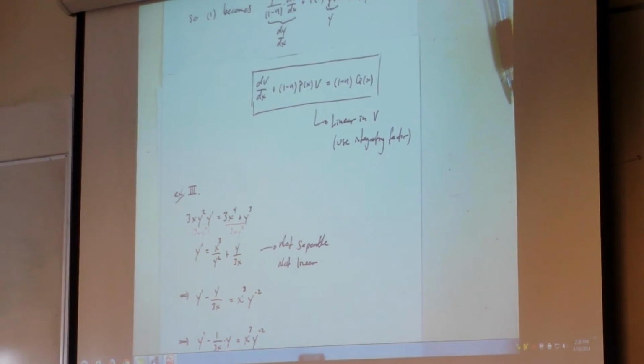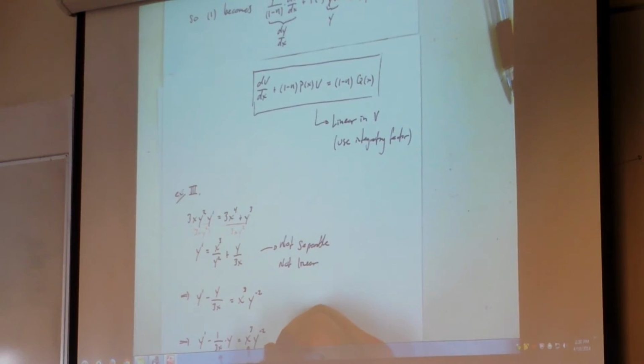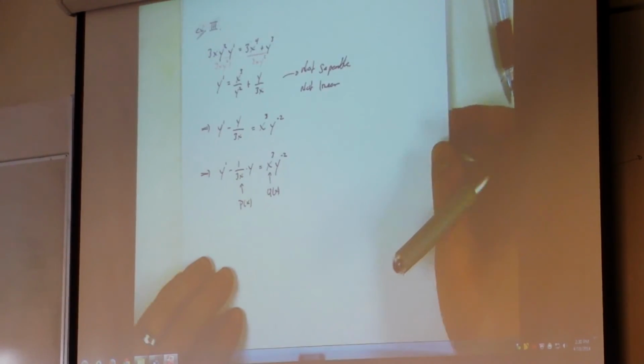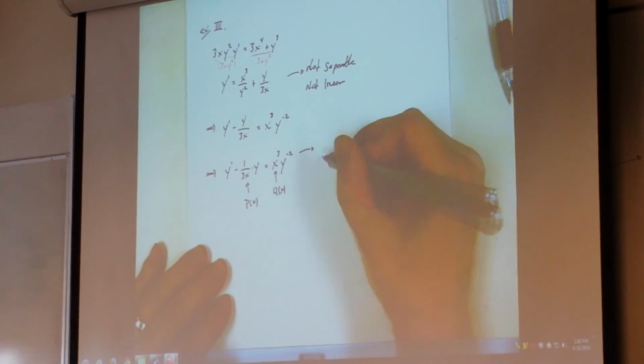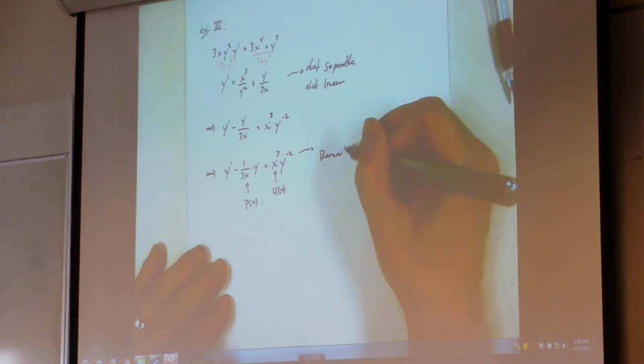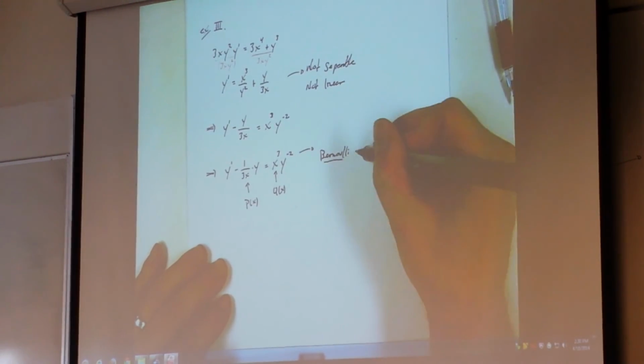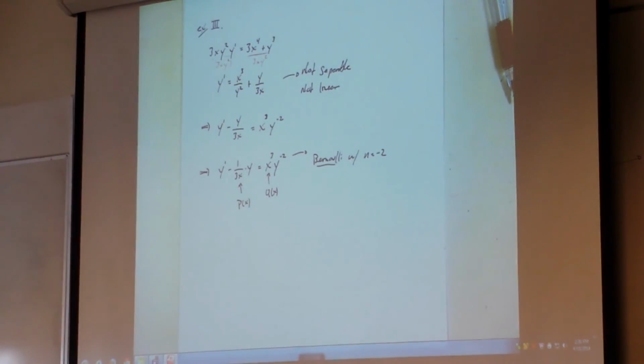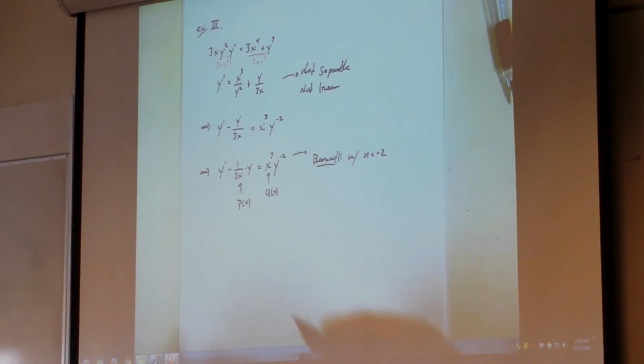So this is Bernoulli. This is p of x. This is our q of x. And n is negative 2. So this is Bernoulli with n equals negative 2.